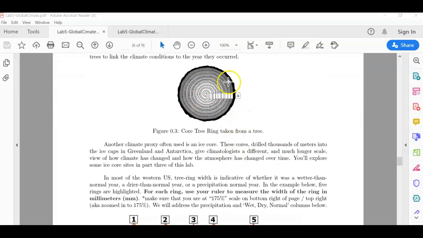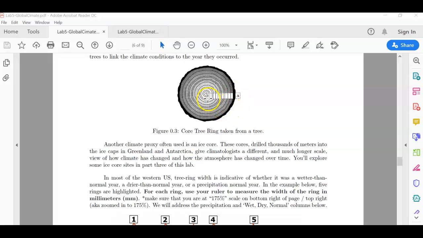Okay, so this is an idea of what a core tree ring might look like. You have a slice of a tree trunk, and then you take a core all the way from the middle of that tree trunk to the edge. A set number of years is going to be counted.